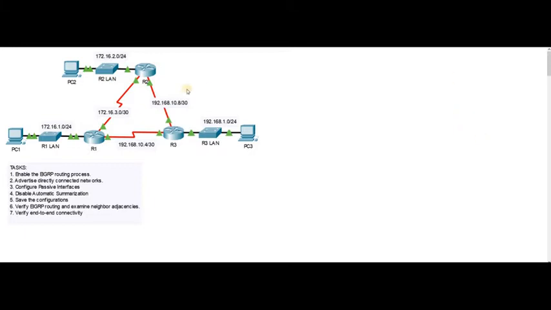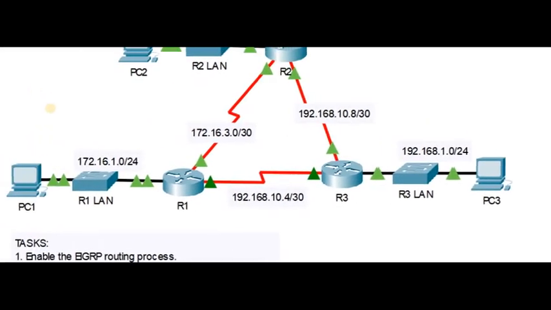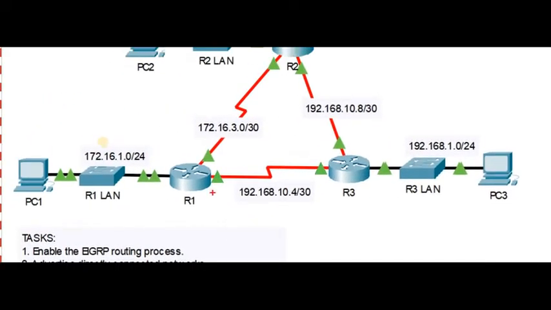Let's start off with that command. We're going to declare all directly connected networks from R1. If you focus on R1, and you're asked how many directly connected networks do you have?